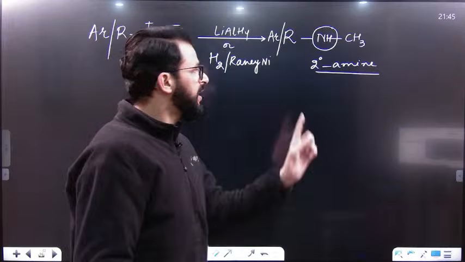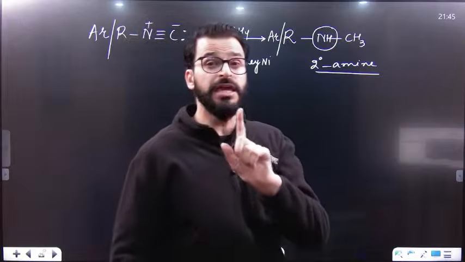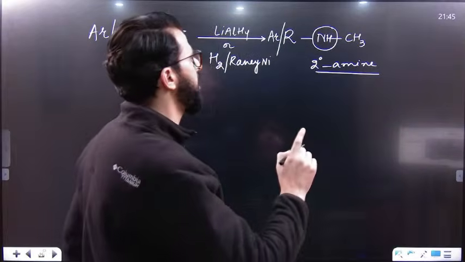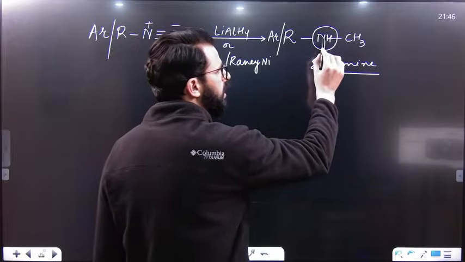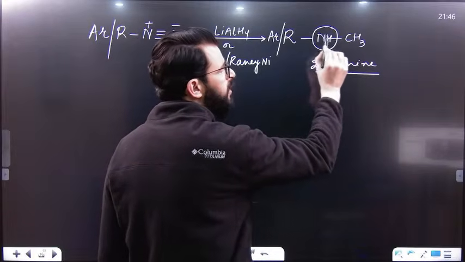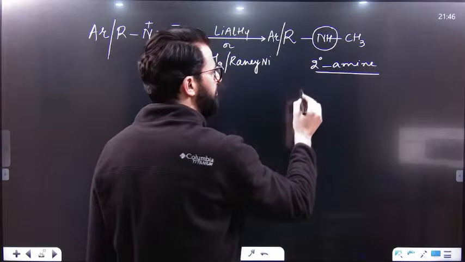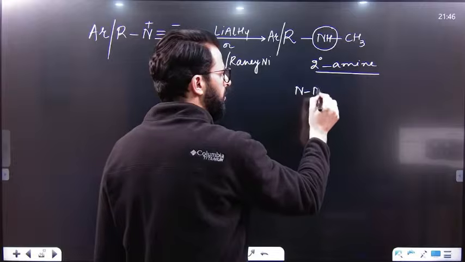But the limitation of this reaction is that we cannot prepare each and every secondary amine. We prepare only those secondary amines in which there is at least 1 methyl group attached to nitrogen. So this is simply known as N-methyl amine.